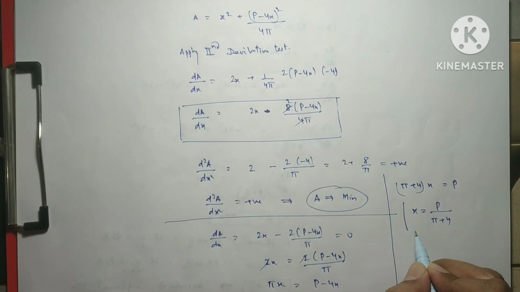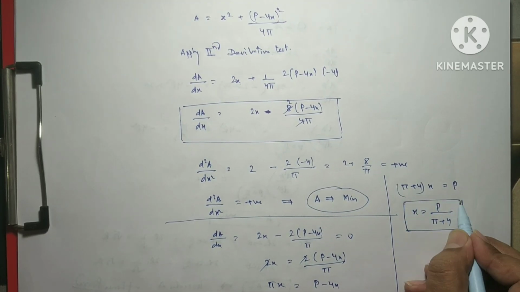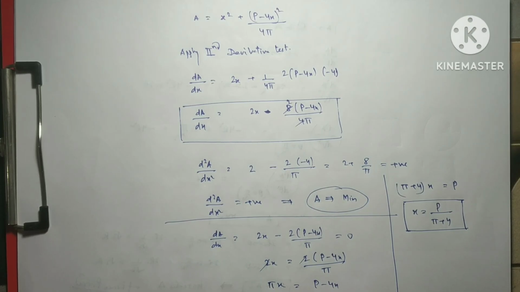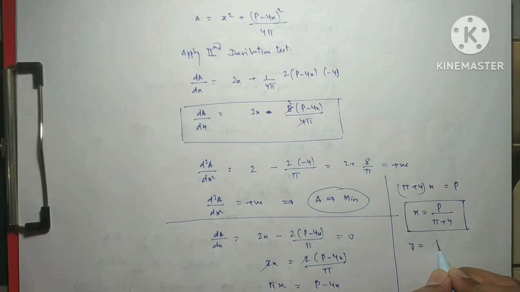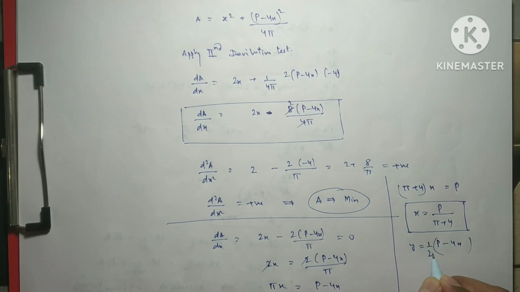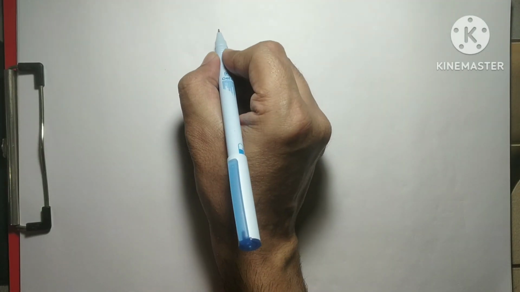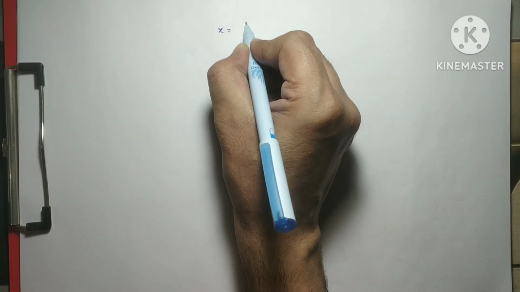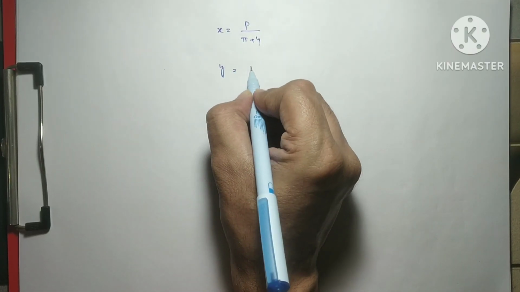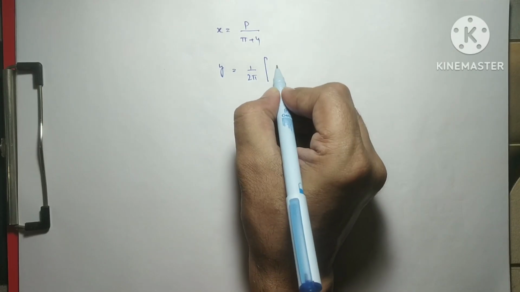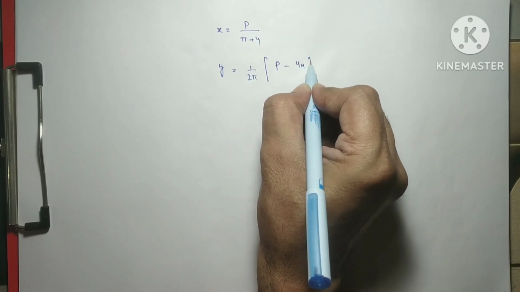So this is the side of the square. And what is the value of y? So y is p minus 4x over 2 pi. Put this value in this expression. Right now you have x equals p over pi plus 4, and y is 1 over 2 pi times p minus 4x.